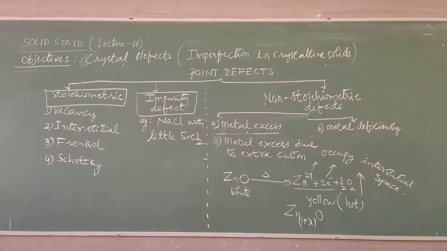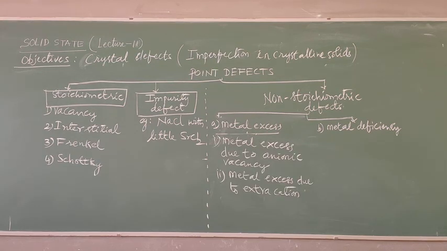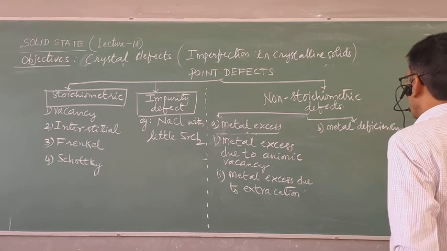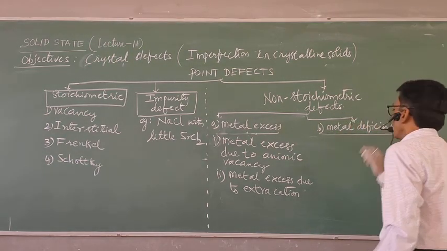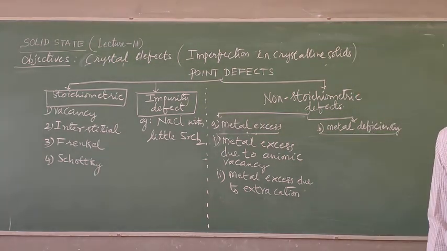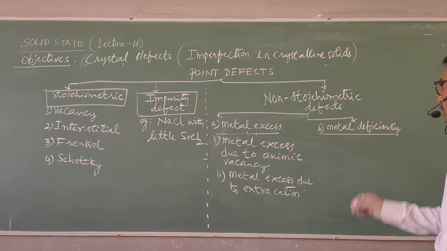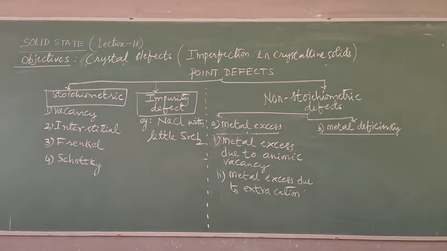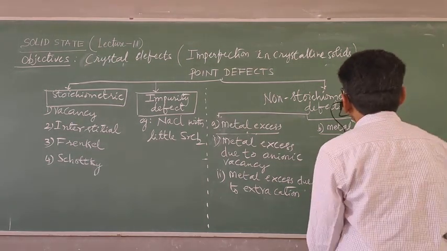Now move to metal deficiency. There are many solids difficult to prepare in stoichiometric proportions, and they are nothing but metal deficiency defect. What is the example?